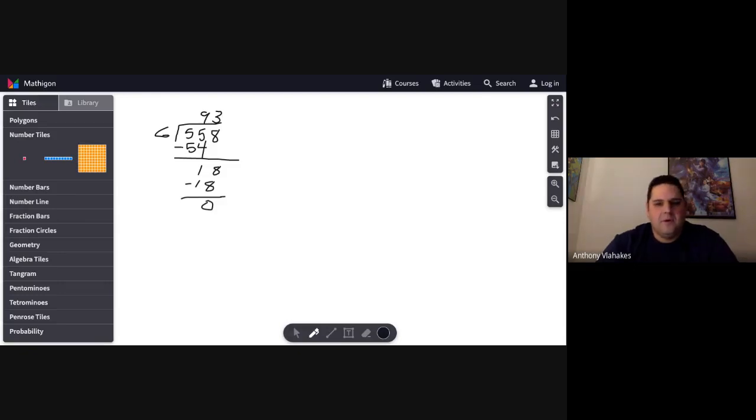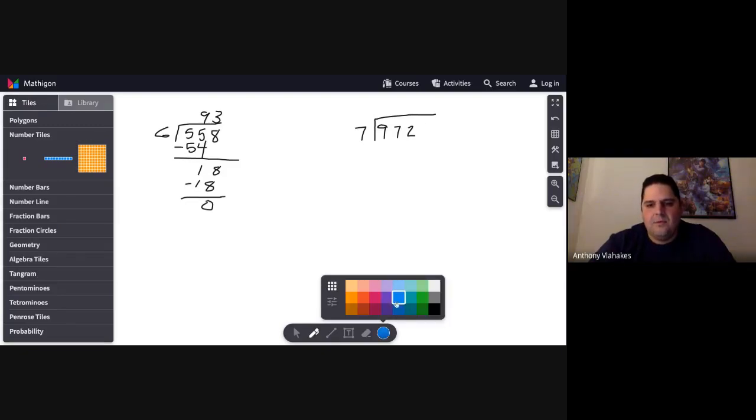And if you got the wrong problem and didn't realize it, you'd have to basically do the whole problem over again. So I'm going to pick a random number, let's say 972 divided by 7. Okay, so I'm going to use partial quotients here. I may have a remainder, I may not, and we'll basically walk you through how this works.